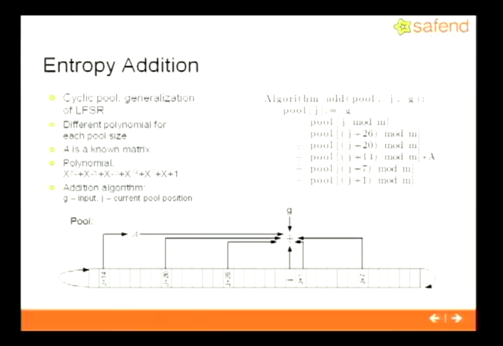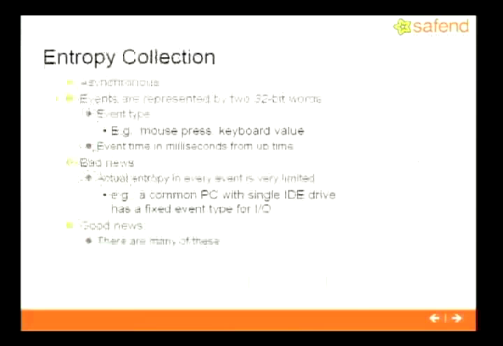Now to the math. I won't get into all the details, just to make sure that you get the picture. Each entropy addition, we take these two 32-bit values and add them to the pool. I'll go back.